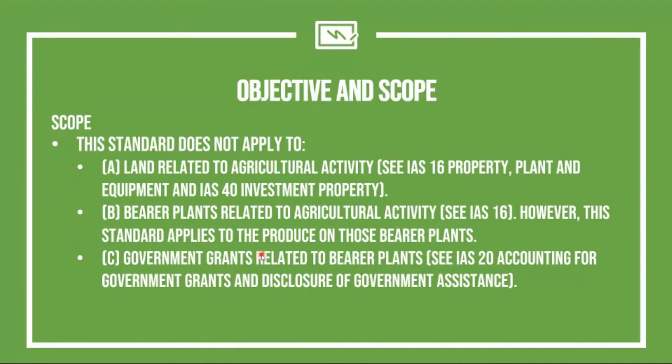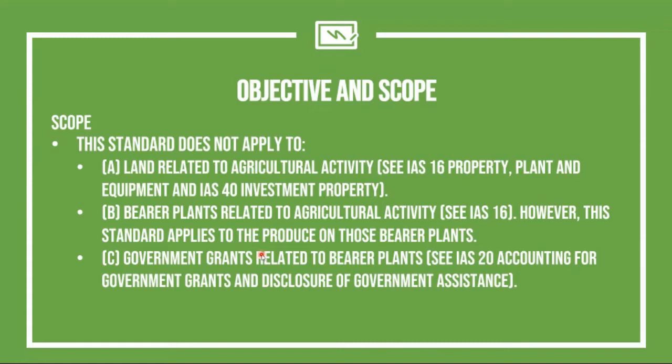And for IAS 16, we will discuss that in detail after this particular topic. Letter B, it does not cover bearer plants related to agricultural activity because it is covered by IAS 16.